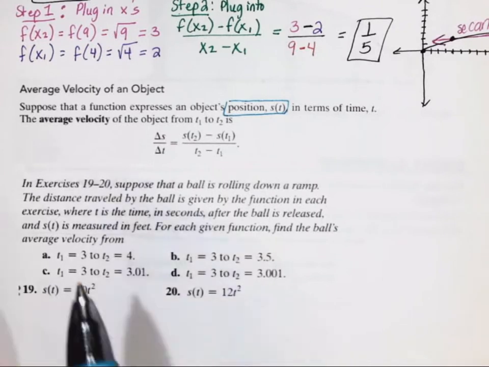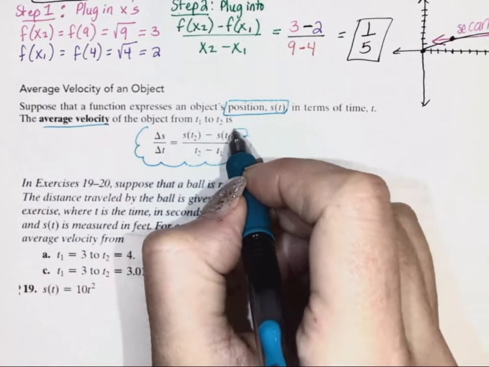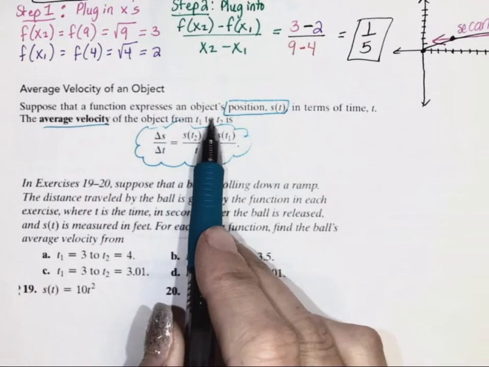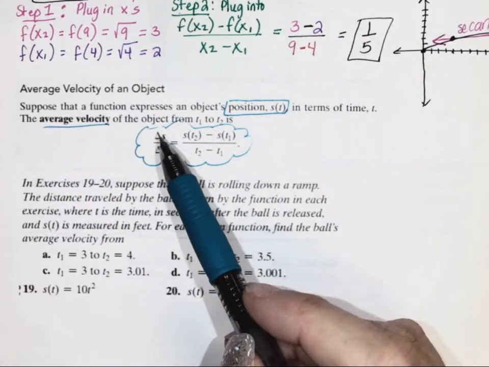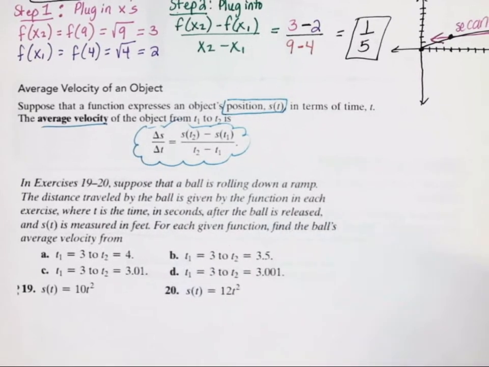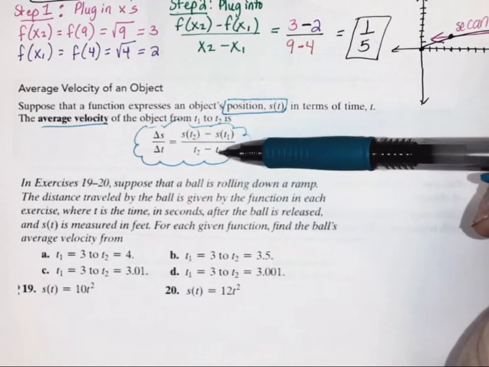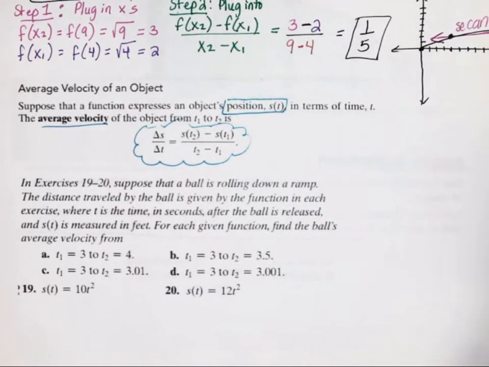So the average velocity of the object from time 1 to time 2 is represented as follows. They give the change in position divided by the change in time. So t1 represents your starting time. Let's say you have an instance where it says a ball is thrown and 3 seconds later, what would its position be?